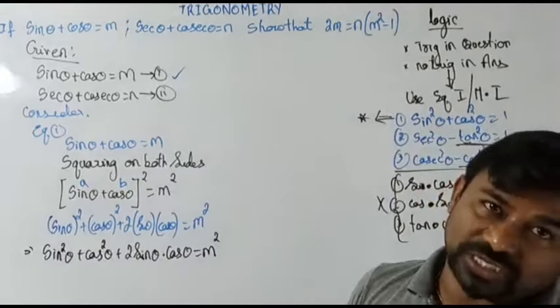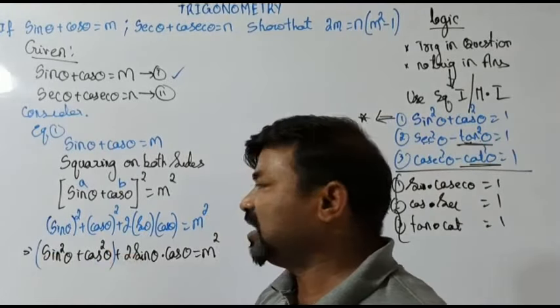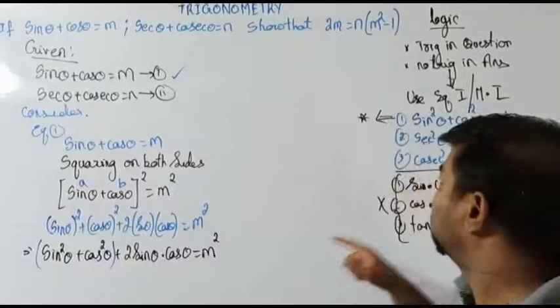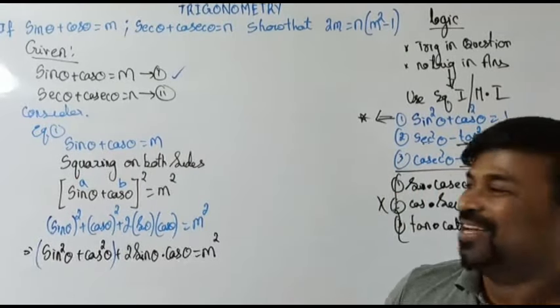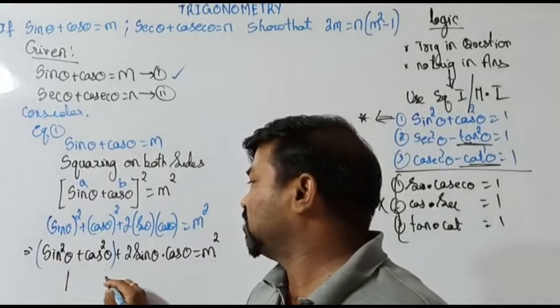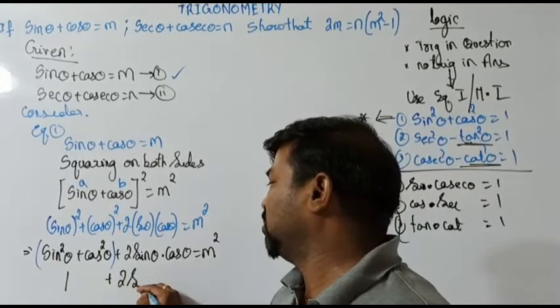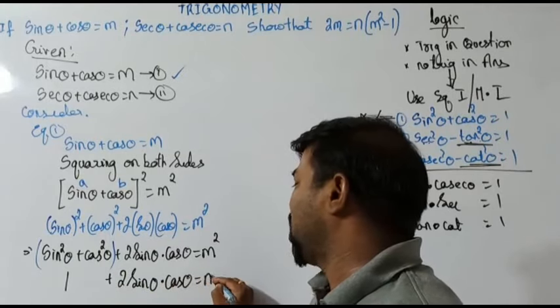Cool, I have reached there. Now, can I consider sin square theta plus cos square theta as equal to 1? That's what I said to you. Use the square identity. So sin square theta plus cos square theta is nothing but 1. 1 plus 2 sin theta cos theta is equal to m square.